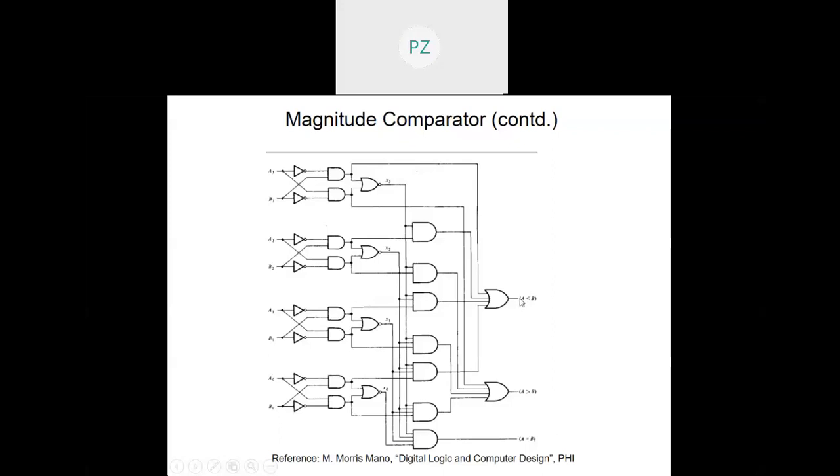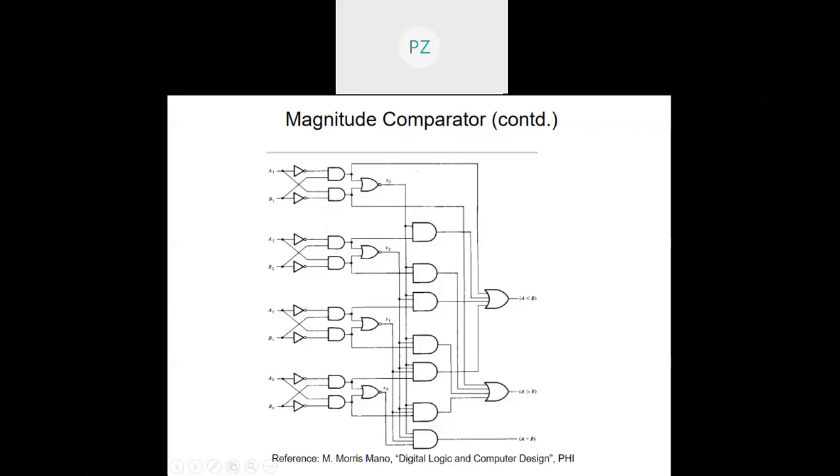For A less than B, it is A3 dash B3, or x3 and A2 dash B2, you see, so this you tap and use here.